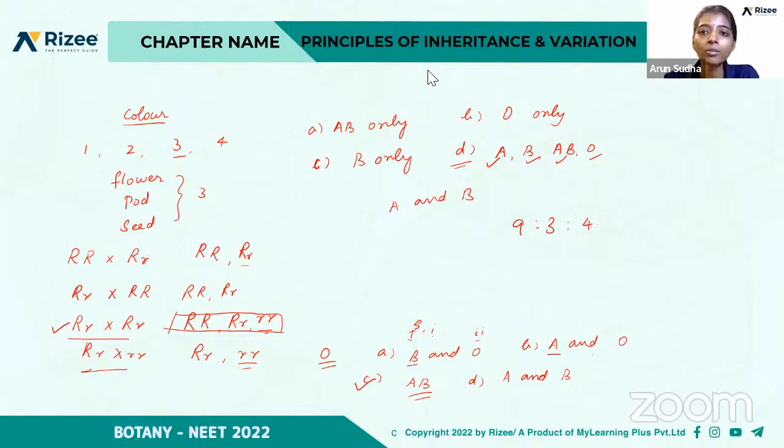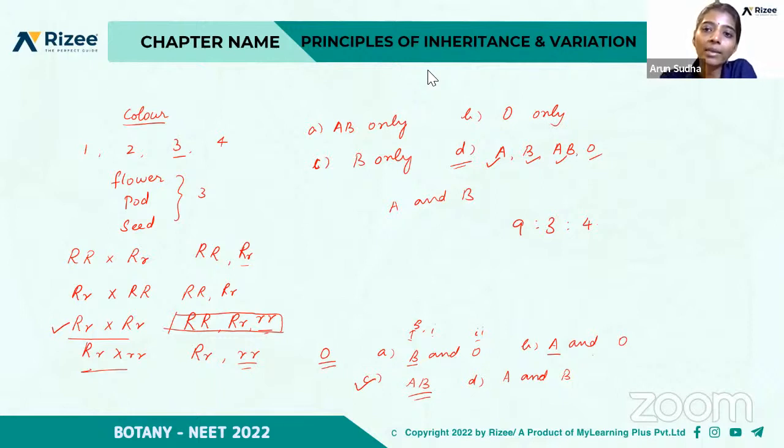Okay. And tomorrow we'll continue with the next topics, sex determination and then mutation. So clear, right? Any doubts in this? And you go through some of the problems, because as far as principles of inheritance and variation are concerned, you have to be clear with most of these problems. By crossing these two characters, what will be the character in the offspring or progeny, and also the percentage of offspring produced.